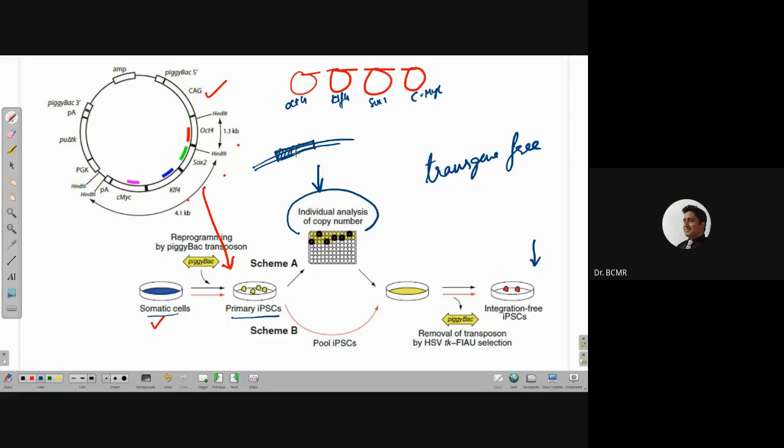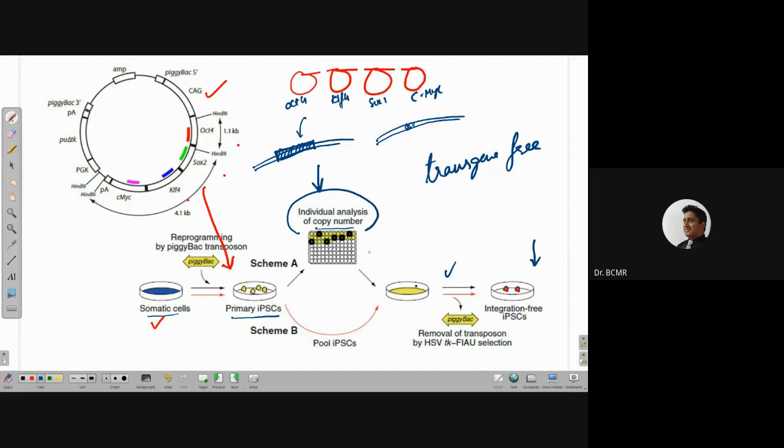If we don't keep track of where the integration happened, and we are just basing on selection, we don't know if there is any mutation that may have occurred because of the transposition or excision of the transposon. So it's important to analyze how many copy numbers there are and where exactly the transposon has got integrated.